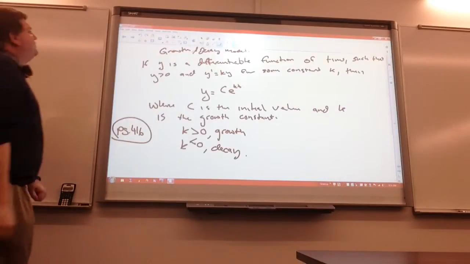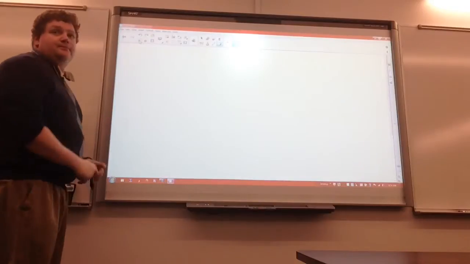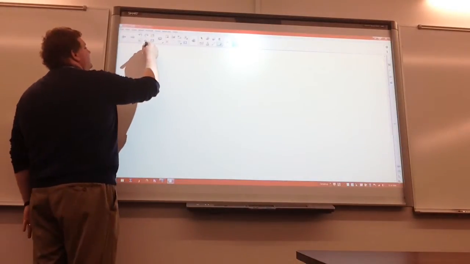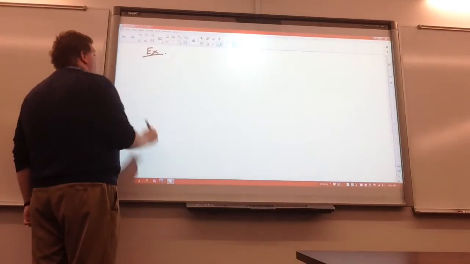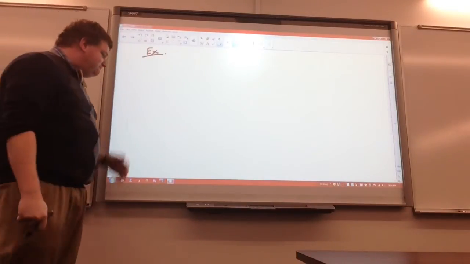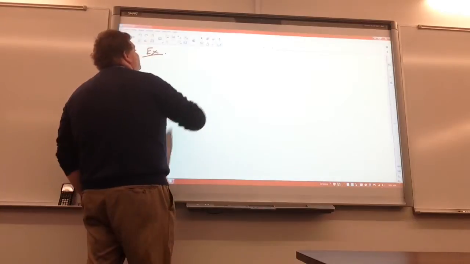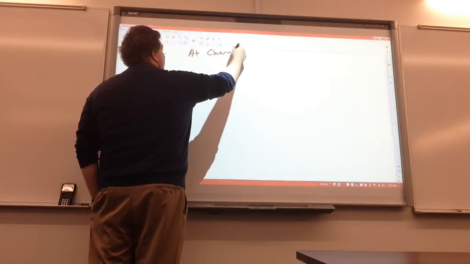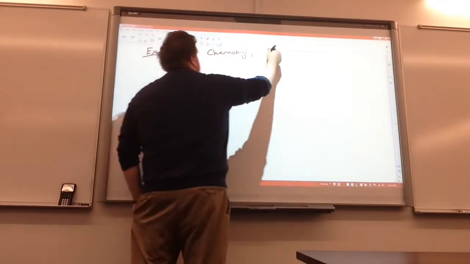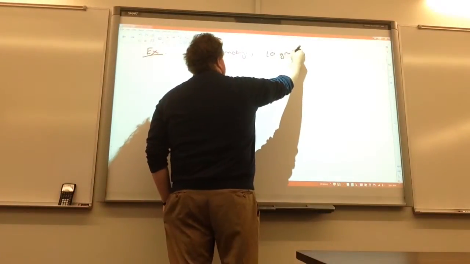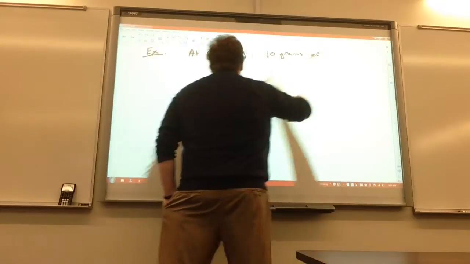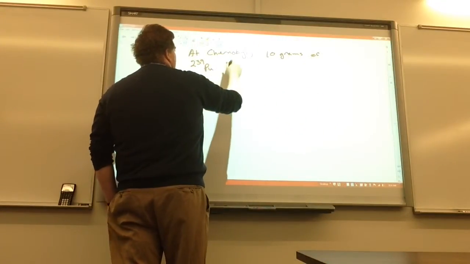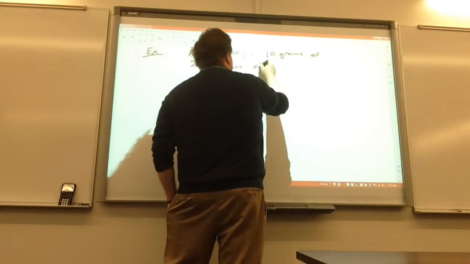Okay, so let's look at an actual example, on page 416. Real world example here. At Chernobyl, 10 grams of plutonium-239 was released.